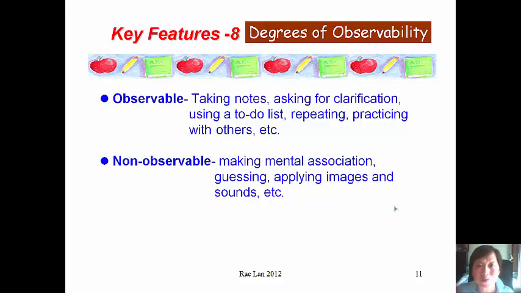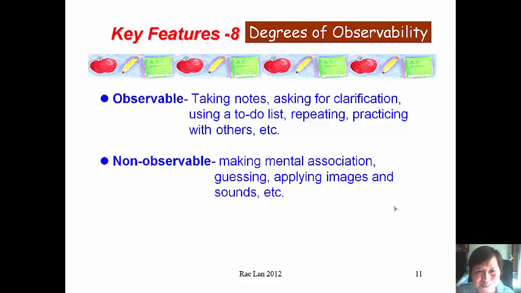So these are all strategies that cannot be observed. And that's why, I don't know if you still remember, in the first recording I talked about the fact that certain strategies can be seen, they are observable. And then Rebecca Oxford, in the second definition for language learning strategies, says that learning strategies are specific actions, behaviors, and also thoughts, right?